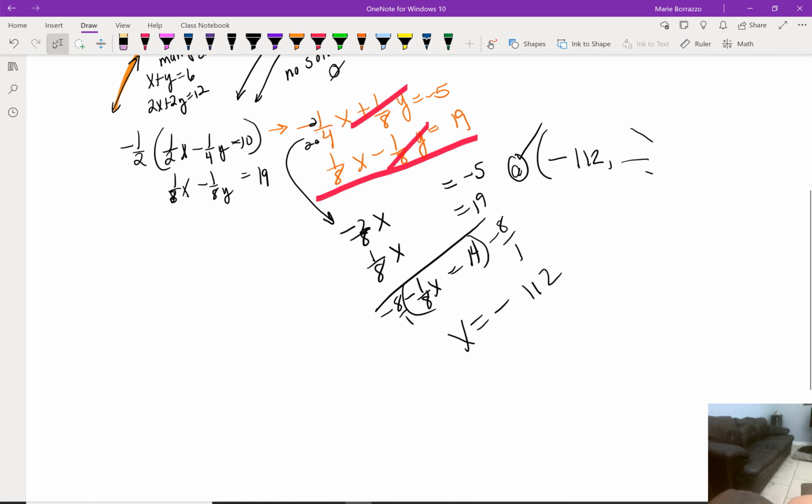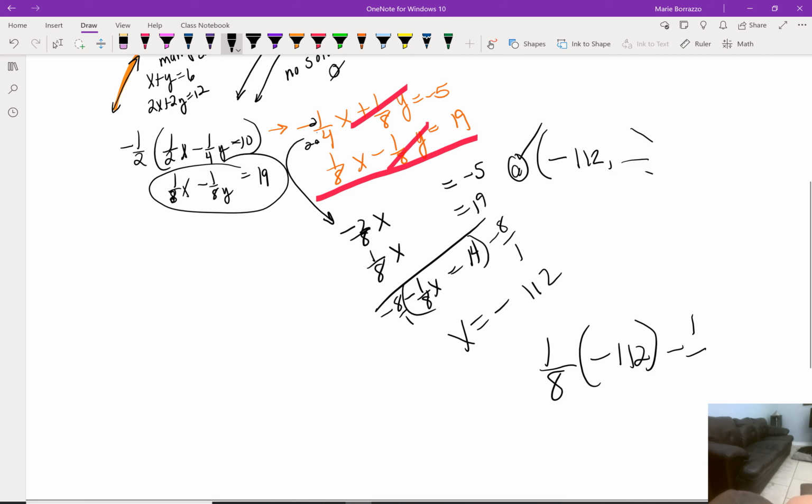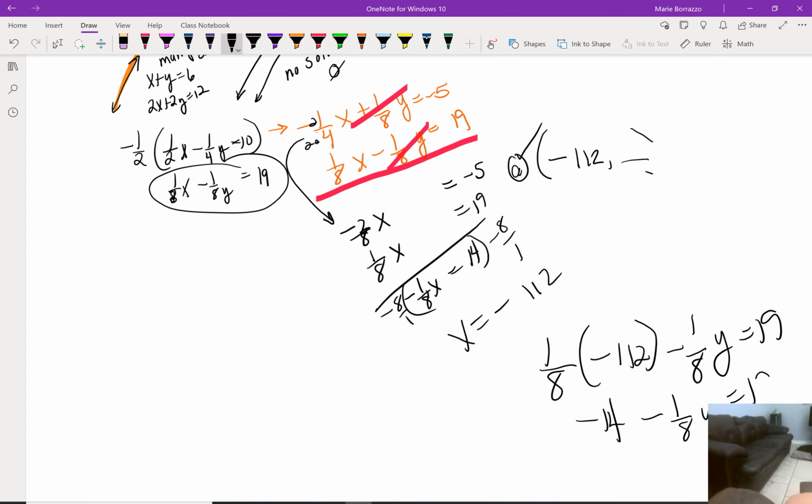So I'll take the bottom equation just to check it out, and I take the 1/8 times -112 minus 1/8y equal to 19. 1/8 times -112 gives me -14. So negative 14 minus 1/8 y is equal to 19.